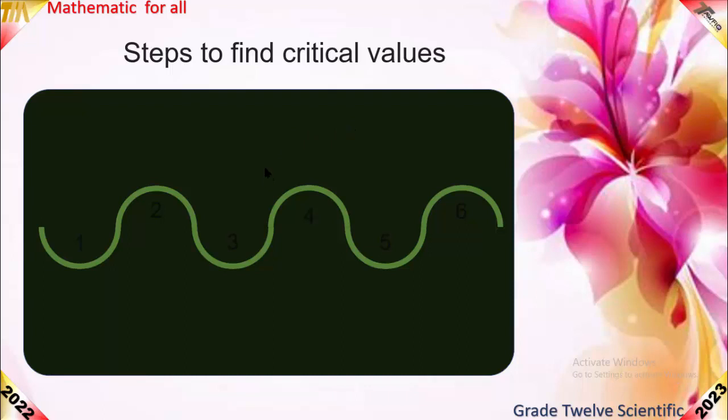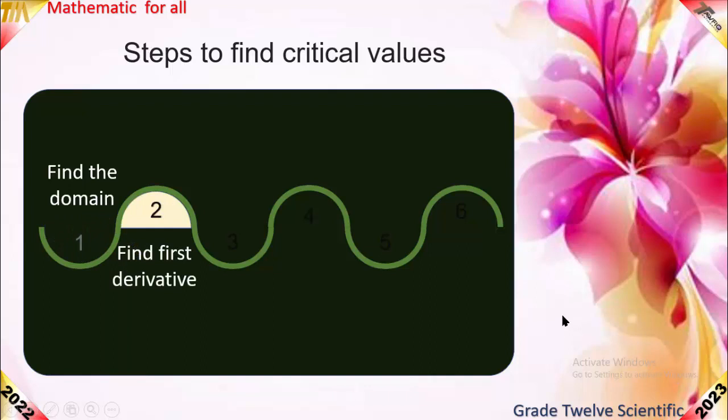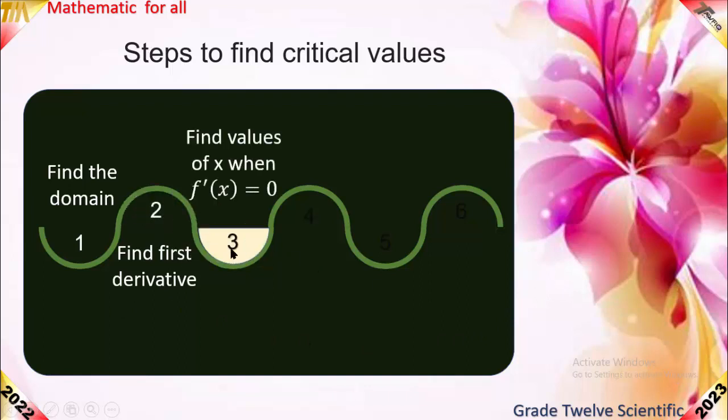Steps to find critical value. The first one, find the domain of the function. The second step, find the first derivative. The third step, find values of x when f prime of x is equal to 0.